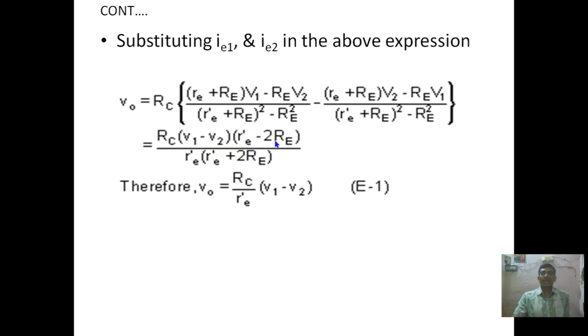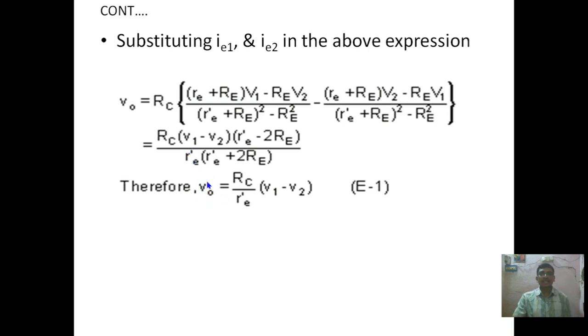Re dash minus 2Re or Re dash plus 2Re will be equal to 2Re only. So the numerator section will contain the 2Re and the denominator section will contain the 2Re. Both will get cancelled, and the remaining is Rc into V1 minus V2 by Re dash.